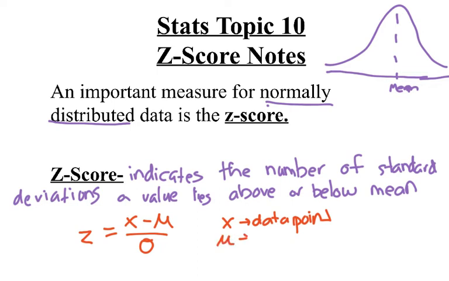Mu is the mean of your population, and lowercase sigma is the standard deviation of the population.